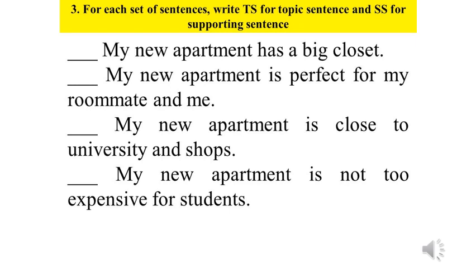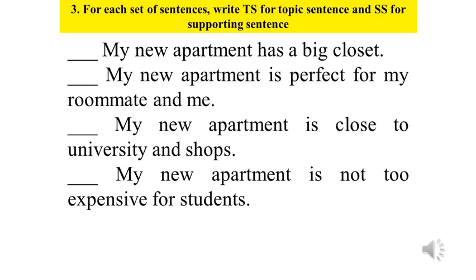You see here the topic sentence is: my new apartment is perfect for my roommate and me. This is the topic sentence. The first sentence, my new apartment has a big closet. This is a supporting sentence. My new apartment is close to university and shops.